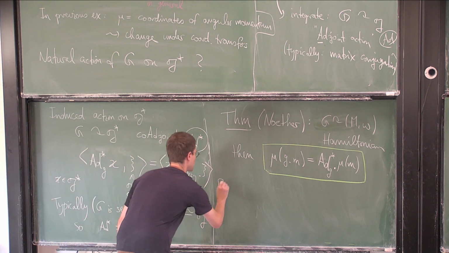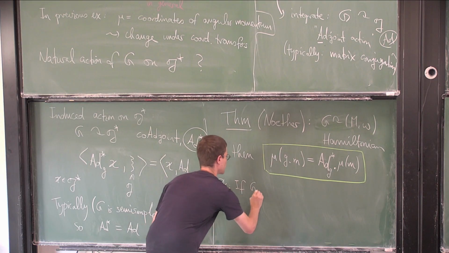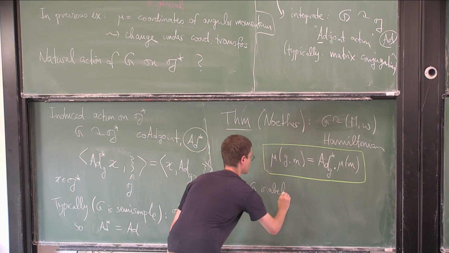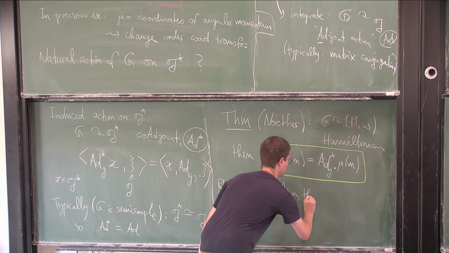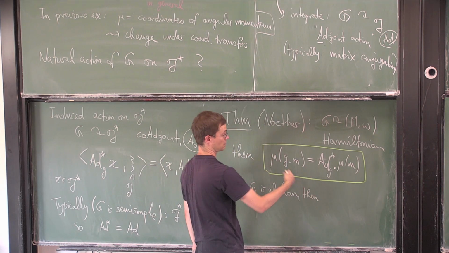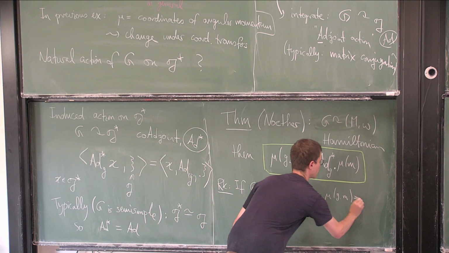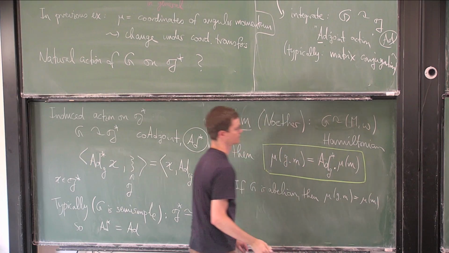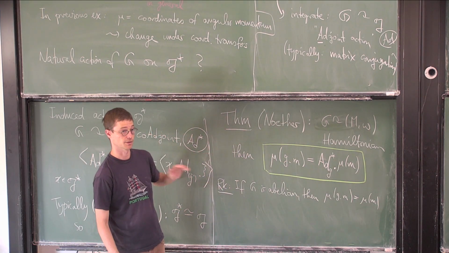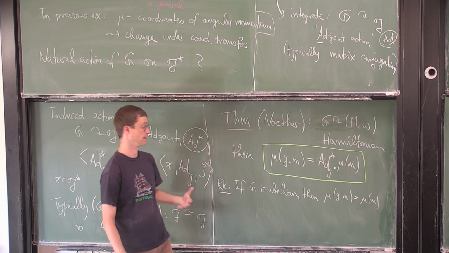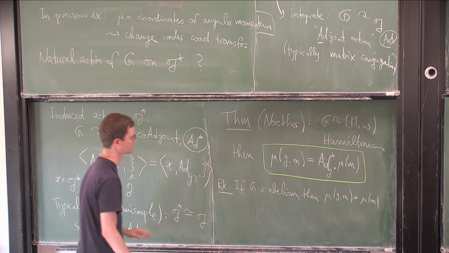As a remark, a special case is when your symmetry group is abelian, say a torus or R^n, and then the coadjoint action is trivial. So mu of g·m is really mu of m. For example, time invariance gets you energy conservation. The energy is really preserved, there's no transformation.